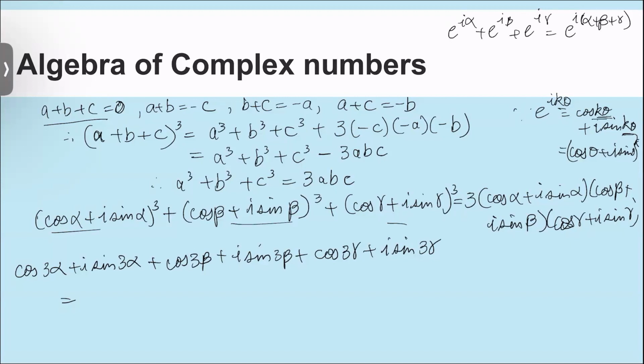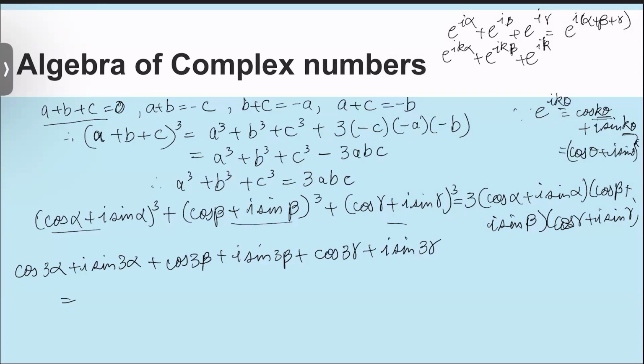Now, if you have a k factor in front of the angles, suppose you have i k gamma, you can write this as 3 e raised to i (alpha plus beta plus gamma).